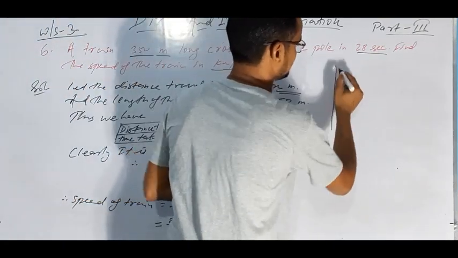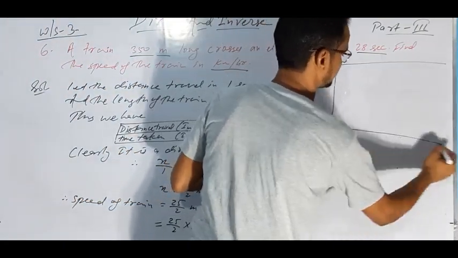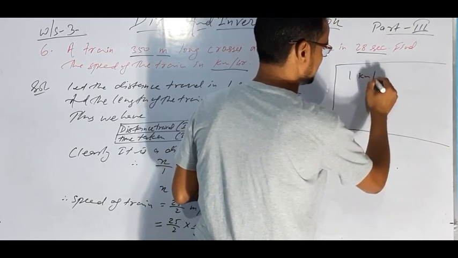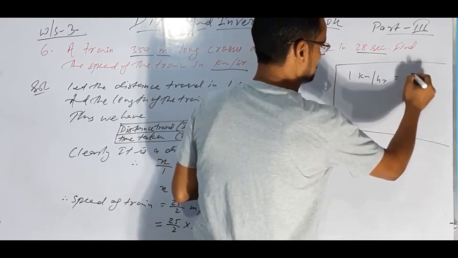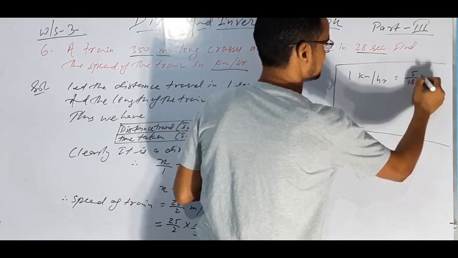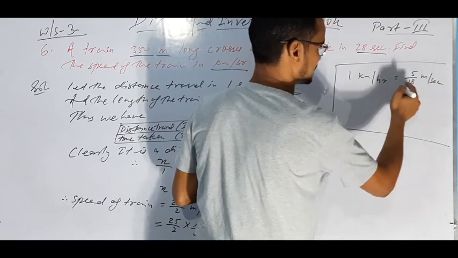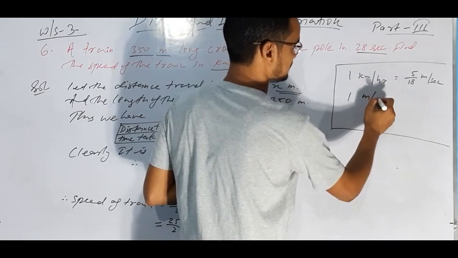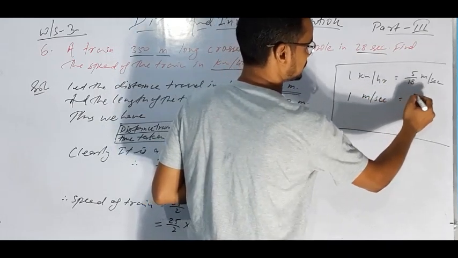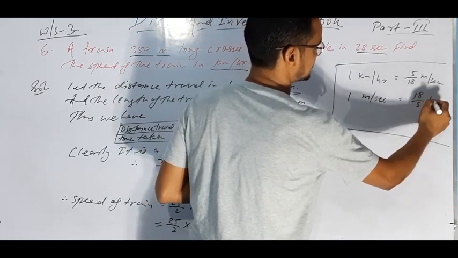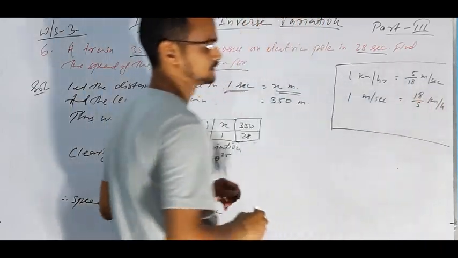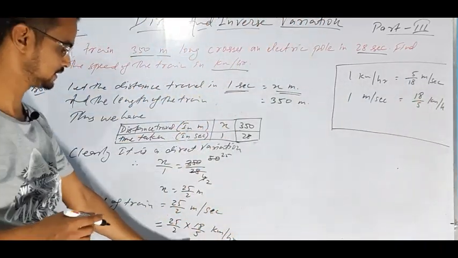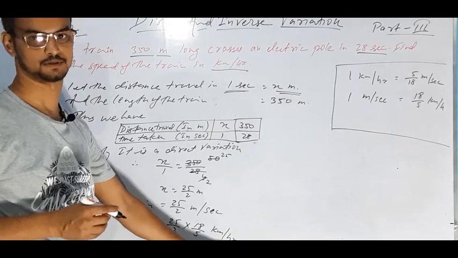Just this is the point to be noted. 1 kilometer per hour is equal to 5 by 18 meter per second, and 1 meter per second is equal to 18 by 5 kilometer per hour. Then it is multiplied by 18 by 5 to get kilometer per hour.